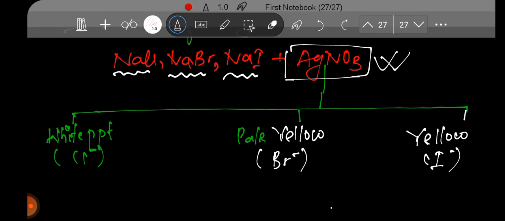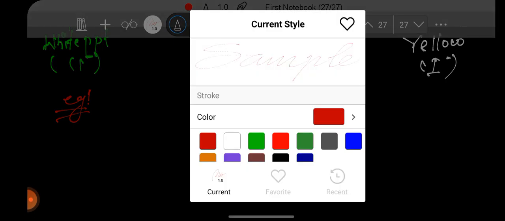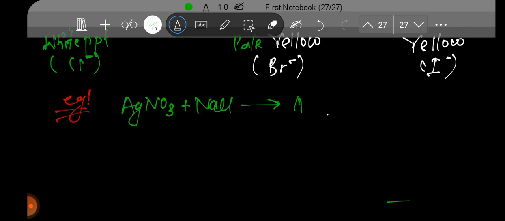Let's make some simple reactions. Reactions are important if you are writing theory. No one has time to read your theory; they only have time to see your reaction. So be careful on that topic. You have AgNO3 plus NaCl, which first gives AgCl plus NaNO3.